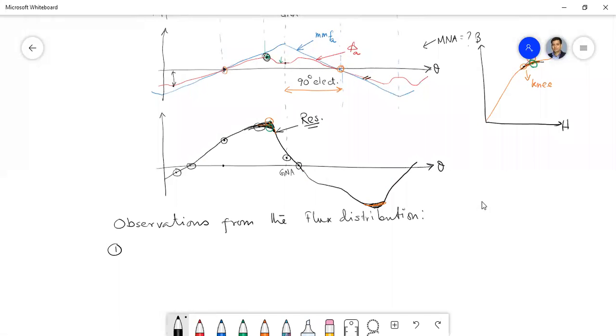So that we can write. The resultant flux distribution is no longer symmetrical about the pole axis.